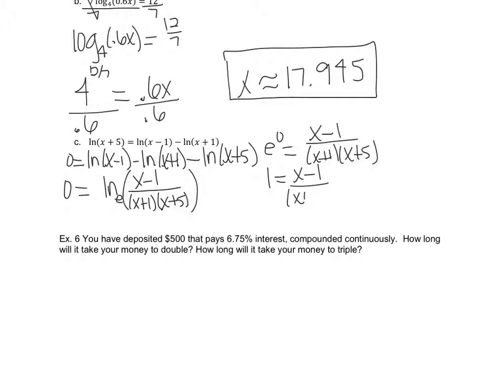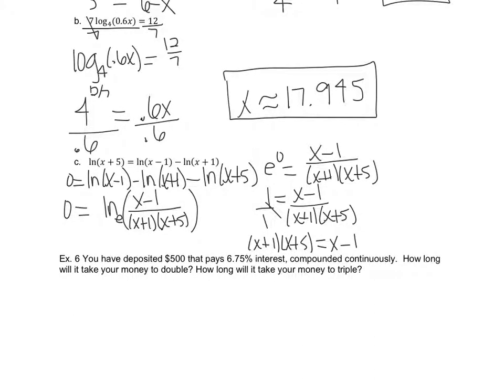And I am going to cross multiply. So 1 times that. So I've got (x plus 1)(x plus 5) equals x minus 1. Now on the left side, I've got to FOIL that together.